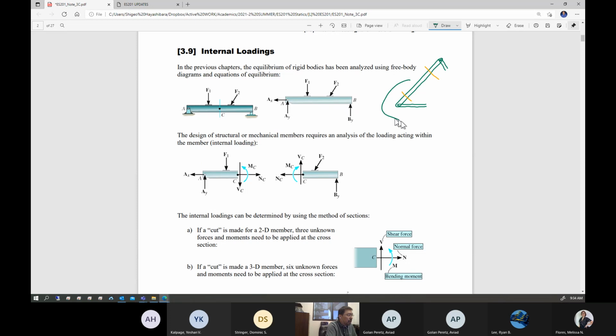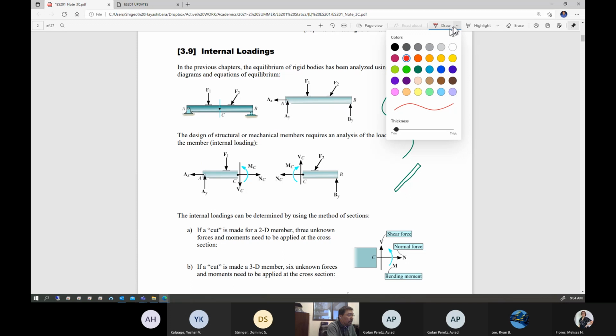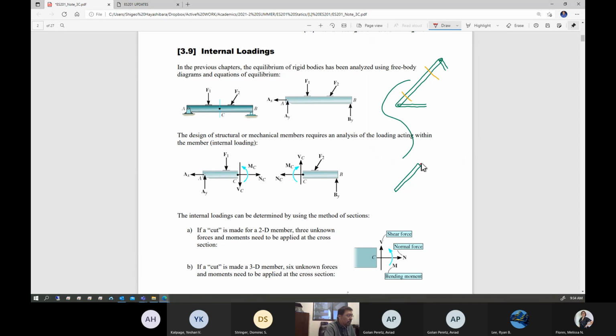You can pick up this member, and at each cut section you are going to introduce internal loading, which in this case for the truss is a two-force member, so the force is always a single force in the direction of the axis of each member. This is a two-force member, so it is either tensile or compressive. That's the only thing you can decide based on the method of sections.